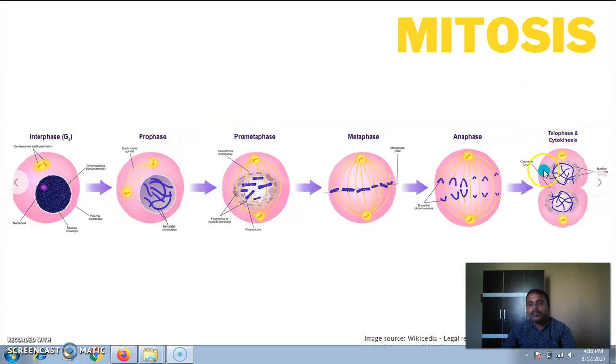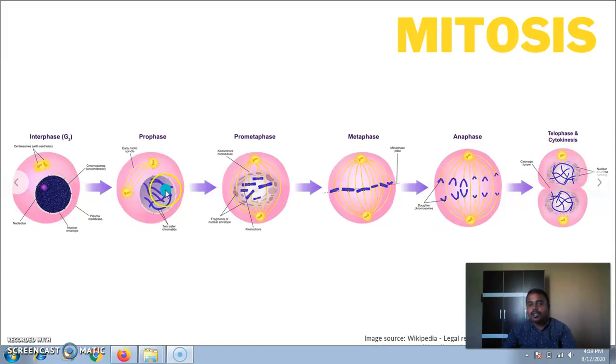That is, the centrioles which initially formed will move to their original position, and the spindle fibers will slowly start disappearing. Then your nuclear membrane starts to reappear, and your chromosome gets decondensed. Initially it was in condensed form, and now it is again going to become this decondensed form. Then the nucleolus will also reappear.